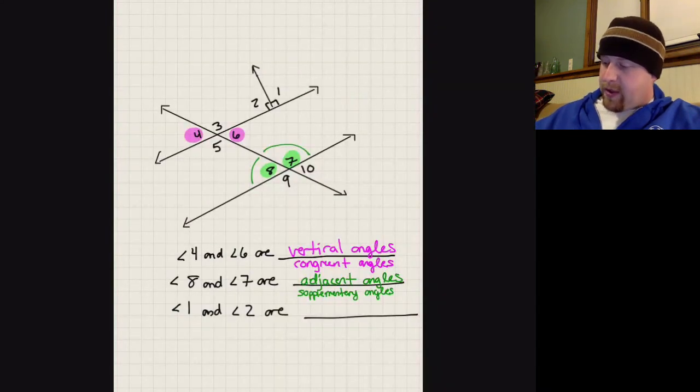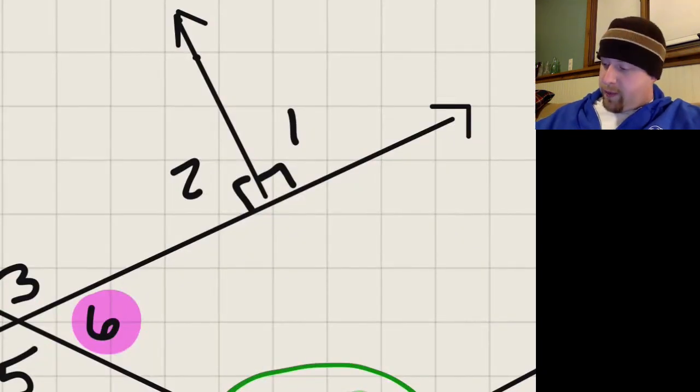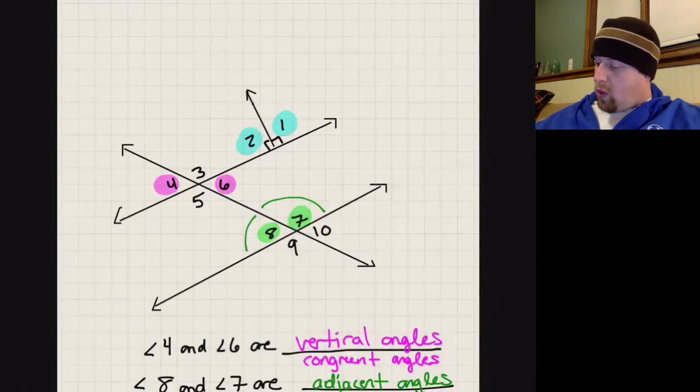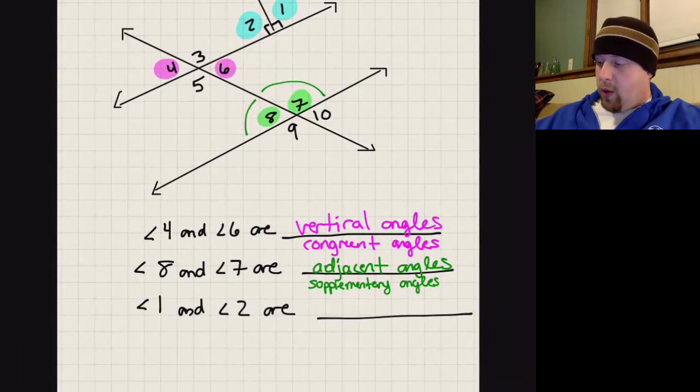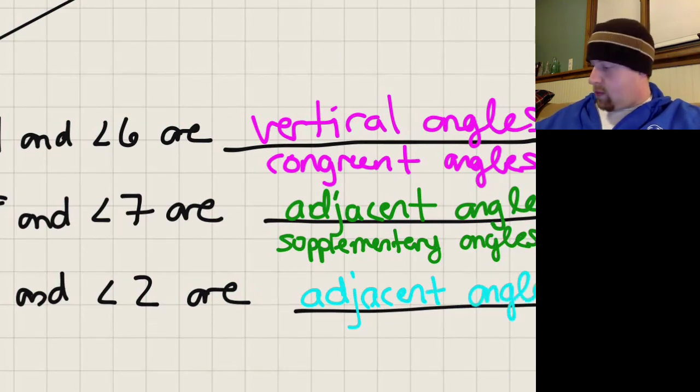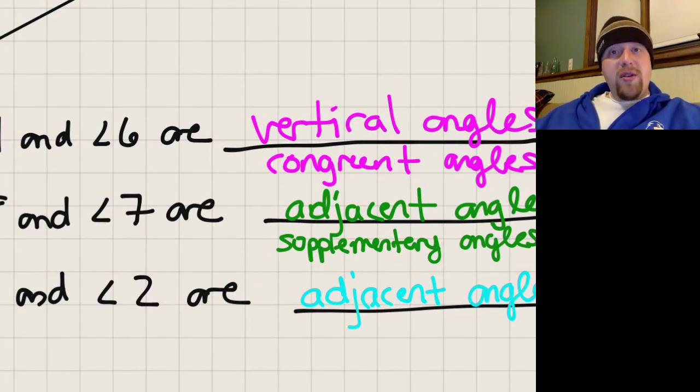Last but not least, we were supposed to take a look at angles 1 and 2. So these angles right here. And you should have noticed that there are some perpendicular symbols right there. So angles 1 and 2 are not only adjacent angles, because they're right next to each other, but they are also supplementary angles.